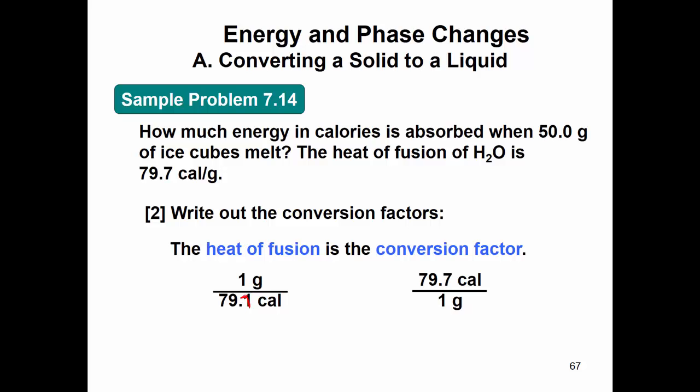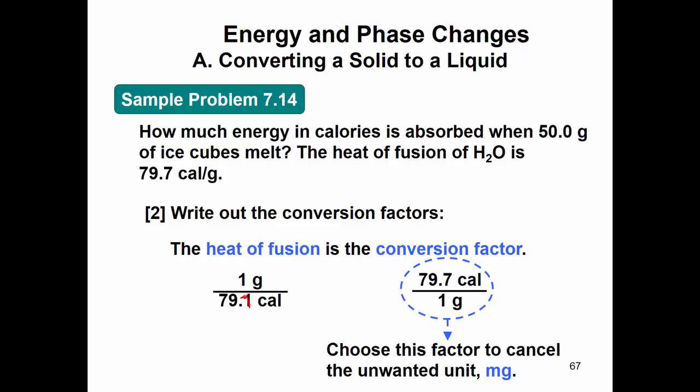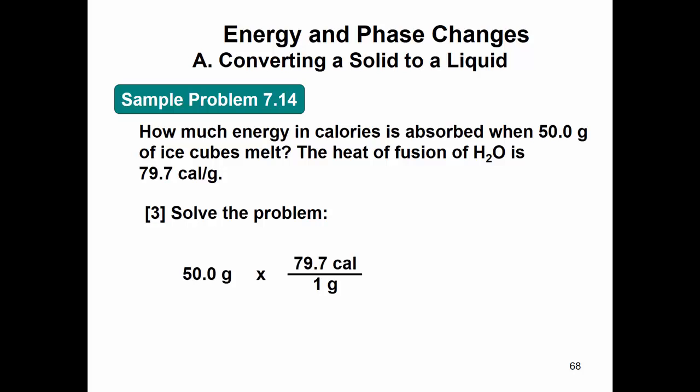If you've been watching this series of videos through the semester, we've been converting like this constantly. So all we have to do is take our 50 grams, and we know grams has to cancel. So we're going to have to pick this because grams is in the denominator.